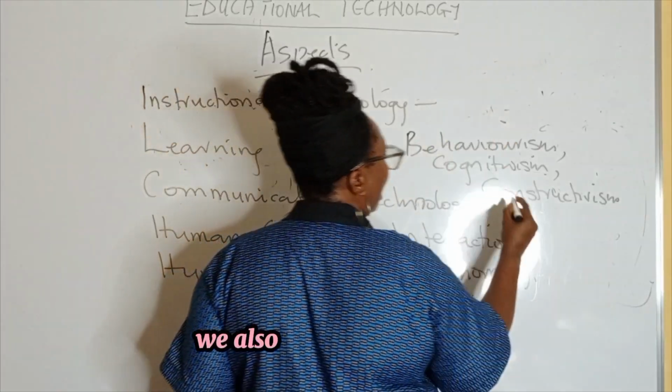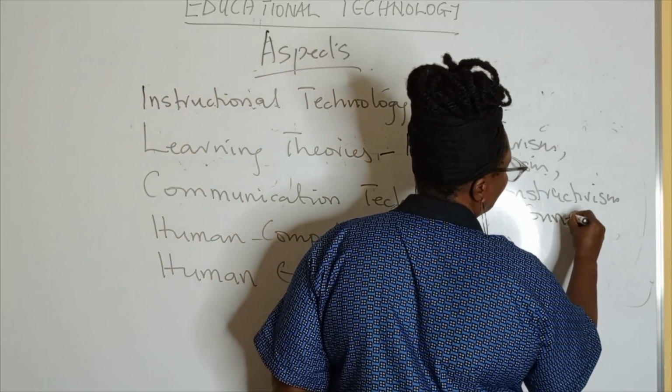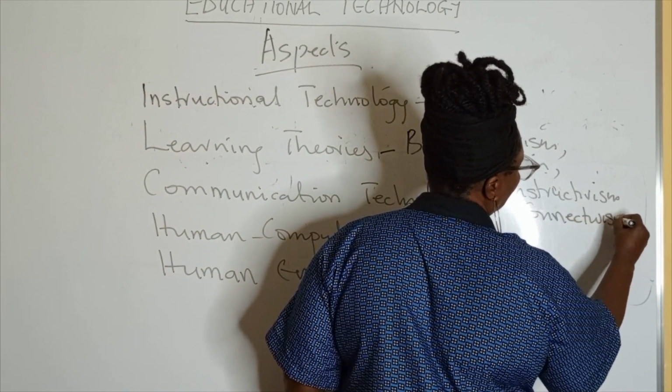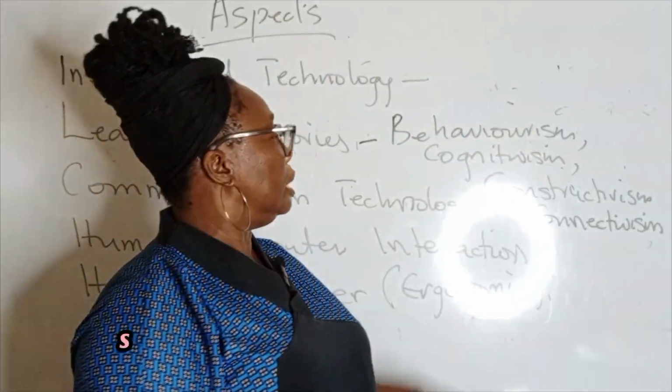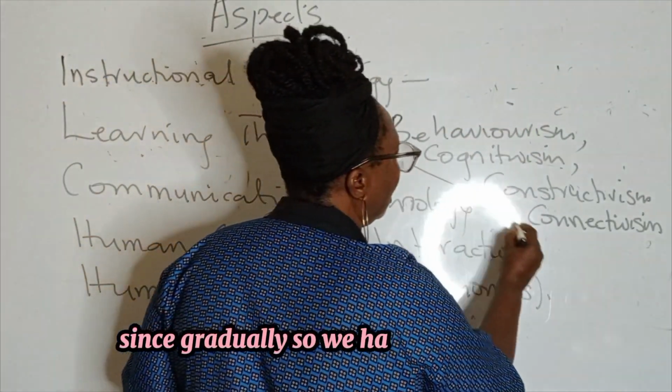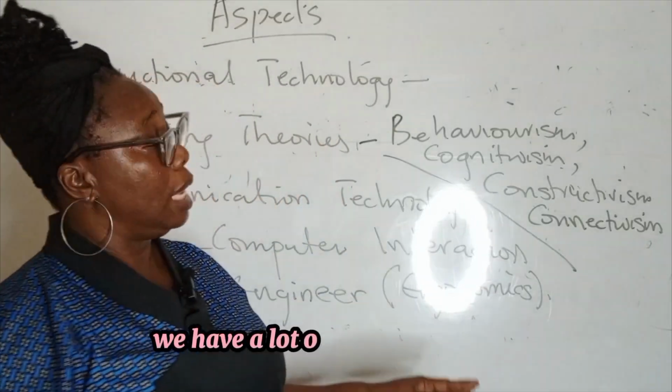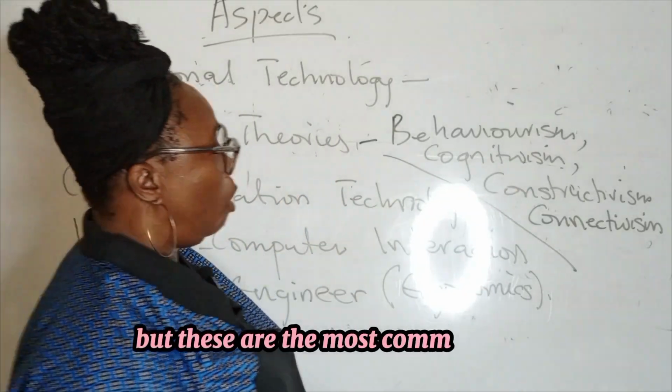But these days we also have connectivism. As we go on, we'll get to look at these things gradually. We have a lot of learning theories, but these are the most common ones.